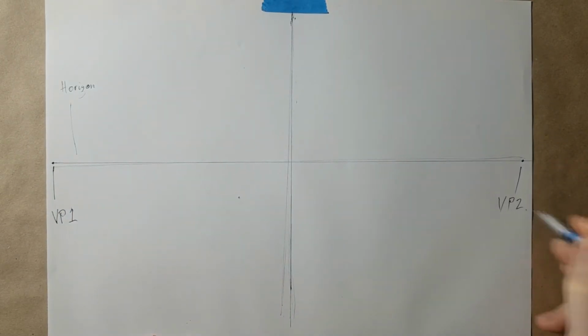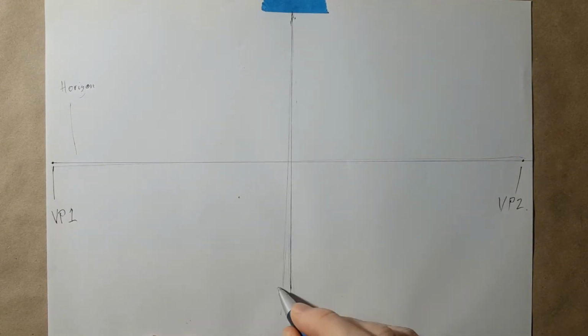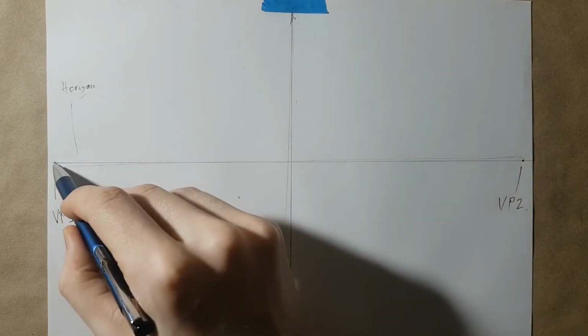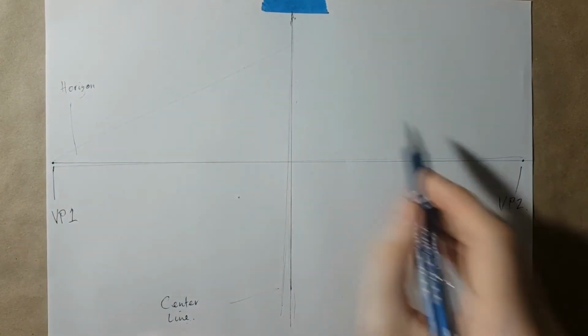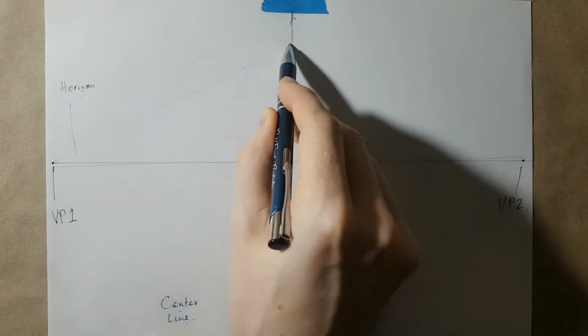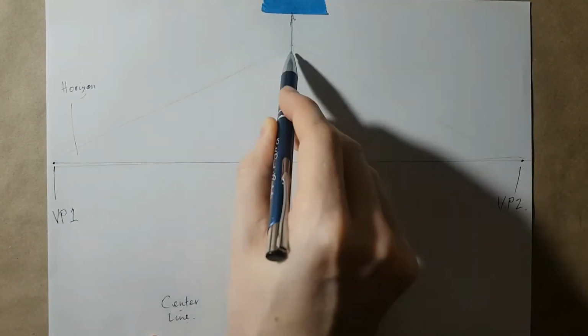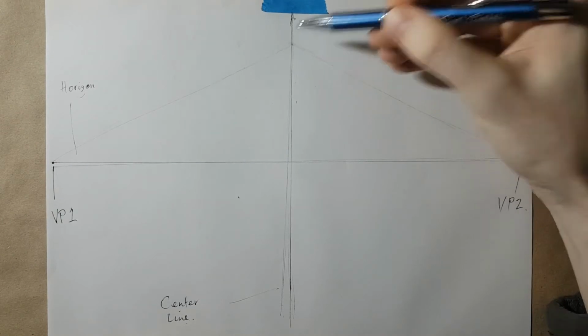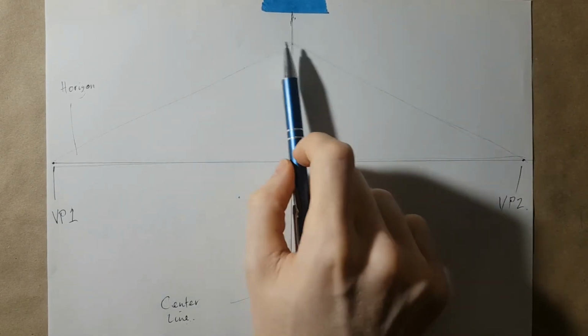So vanishing point 1 and 2 just symbolize the parts of the object that we're going to construct, and they're going to recede to those dots. So I'm going to mark a point at the top of the page that intersects that vertical, and then do the same on the bottom.